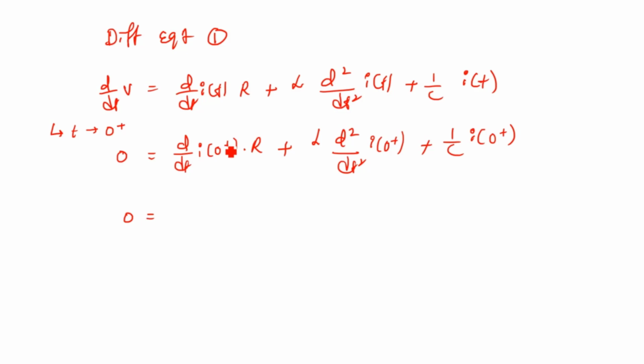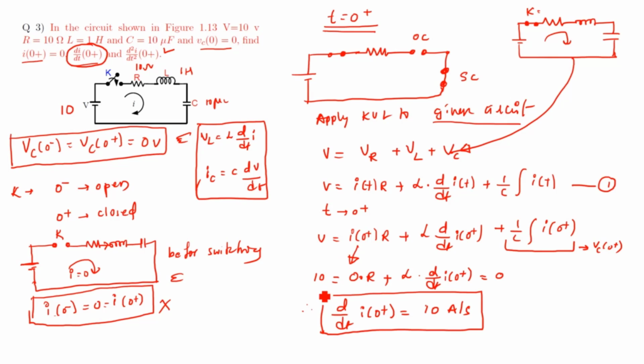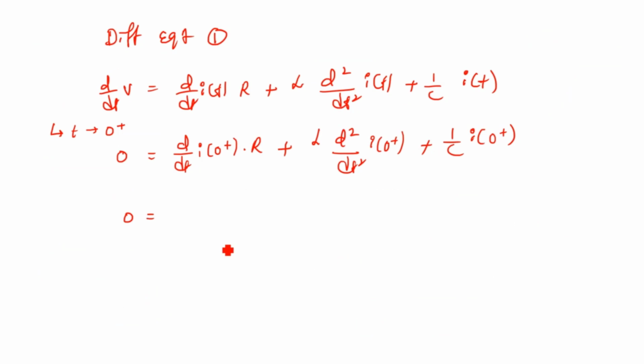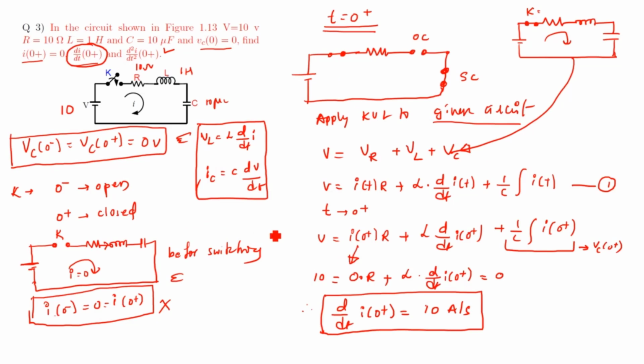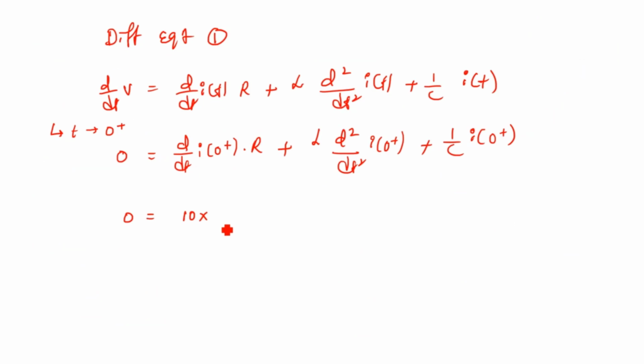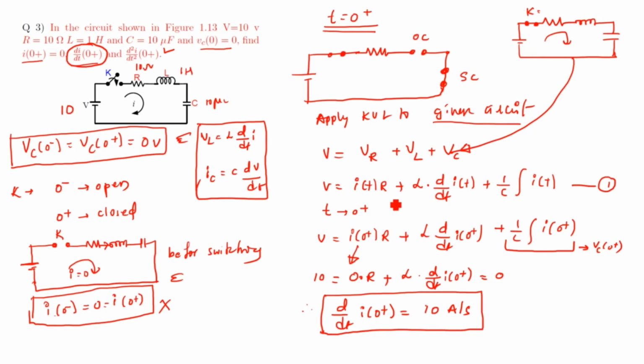0 equals, is that calculated? d by dt of I0 plus is 10. The R value is again 10, L value is 1, times d square by dt square of I0 plus. What is I0 plus?